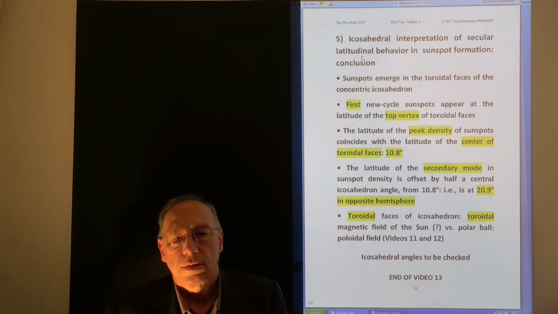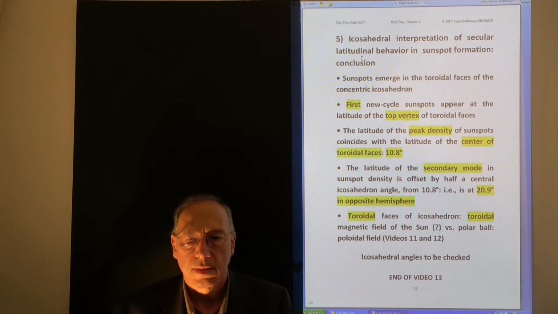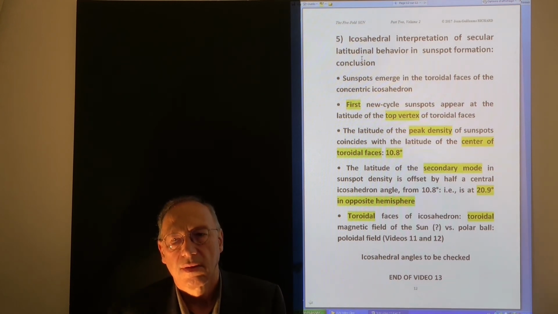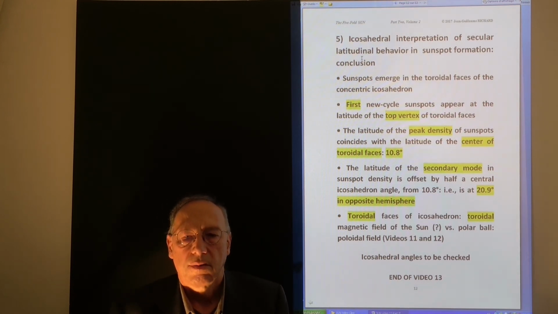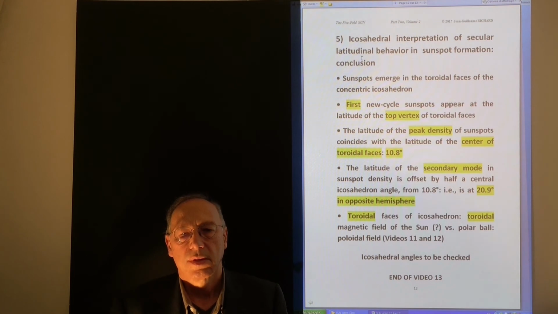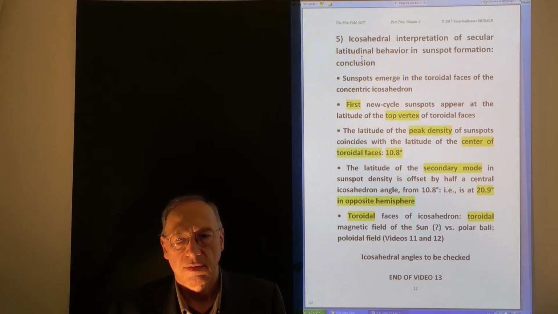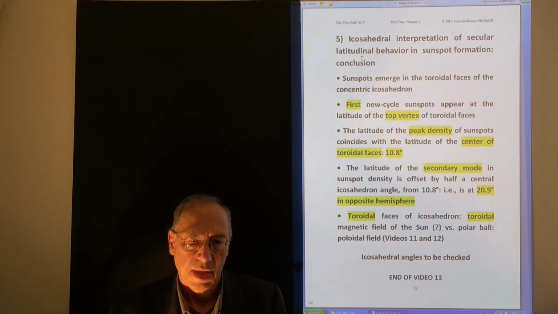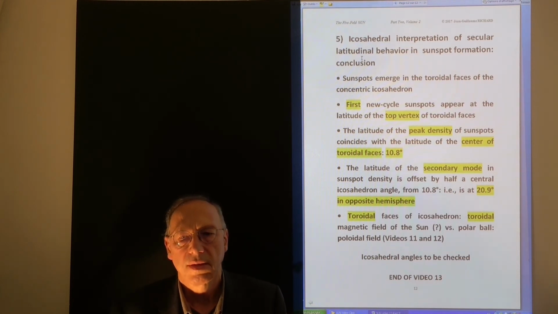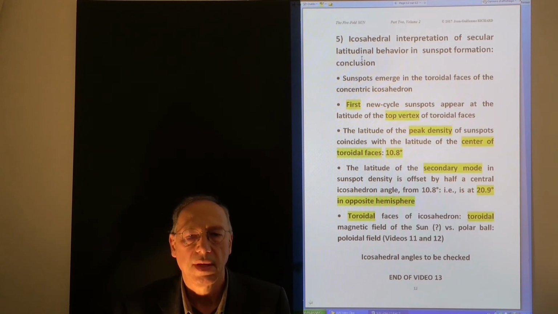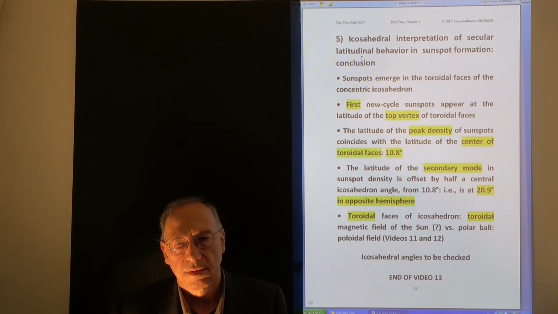We can now turn, in conclusion, to the icosahedral interpretation of secular latitudinal behavior in sunspot formation. Sunspots are found to emerge in the toroidal faces of the concentric icosahedron in the suggested configuration. First, the first new cycle sunspots appear at the latitude of the top vertex of the toroidal faces.